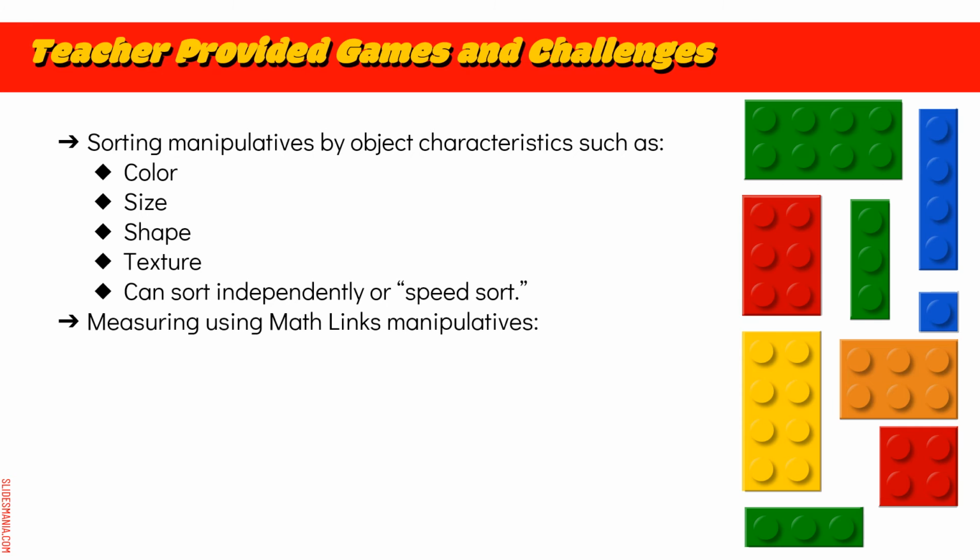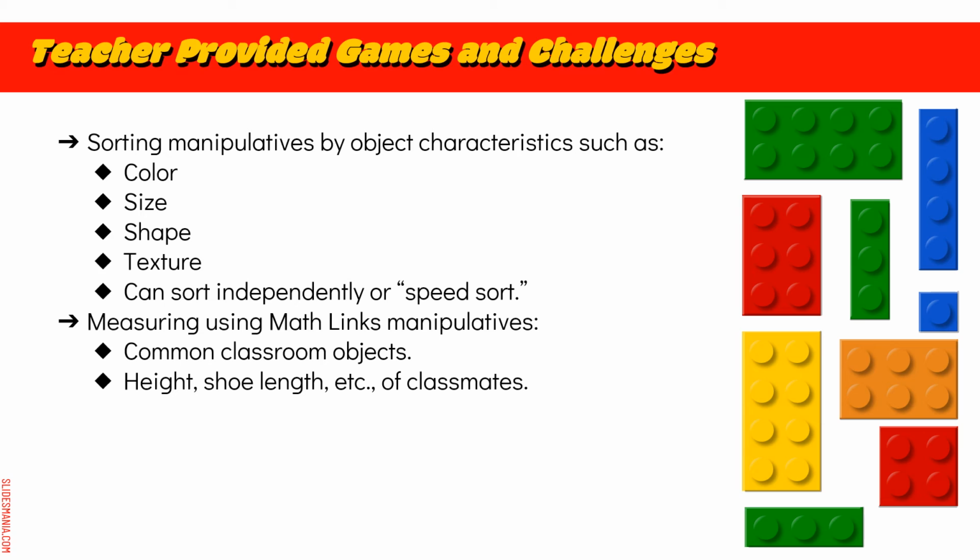You could use math links, one of the manipulatives we looked at, to measure things. So you could put them together and see how many links it takes to make up a common classroom object, such as a table or a desk or a cubby width or things like that. So measure objects in the classroom.